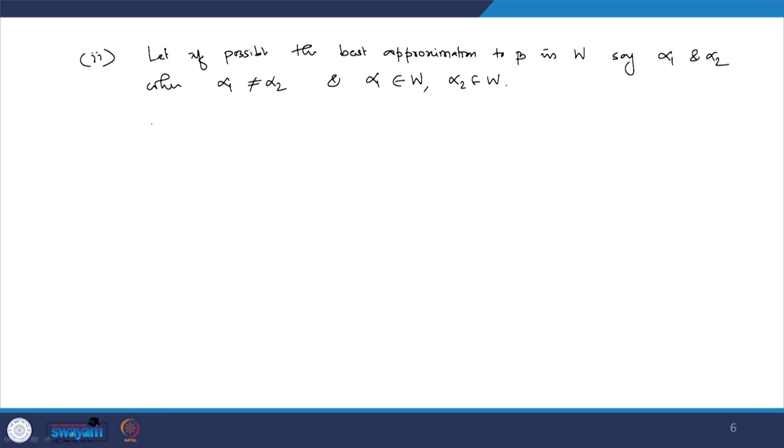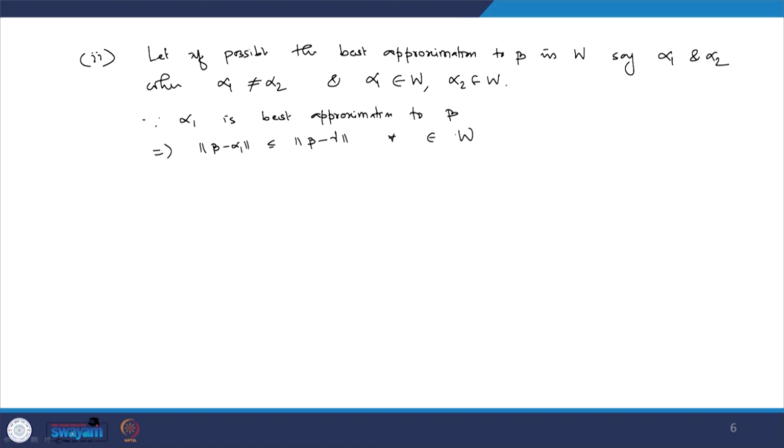See, since alpha 1 is the best approximation to beta, this implies that norm of beta minus alpha 1 will be less than or equal to norm of beta minus gamma for all gamma belonging to W.